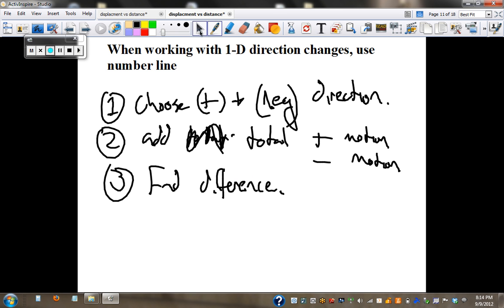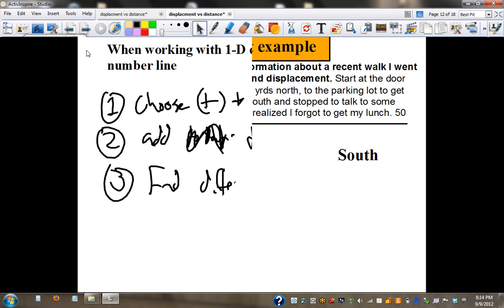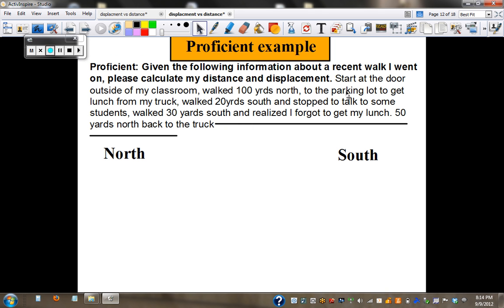So let's see this in action. As I read through this example, we're moving either north or south. So I'm going to call north positive, and I'm going to call south negative. Let's do blue right here.